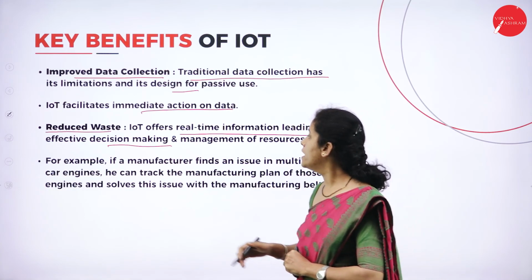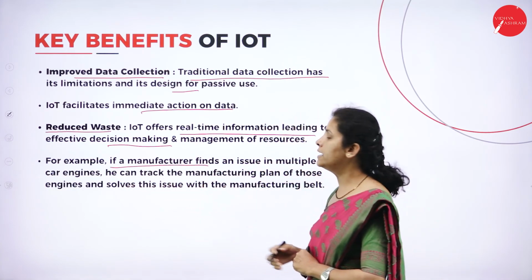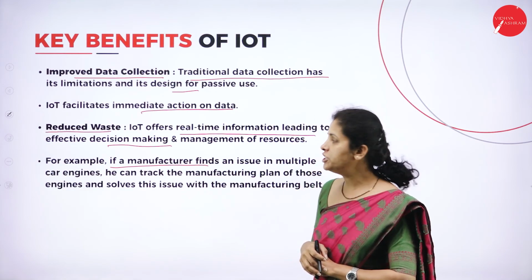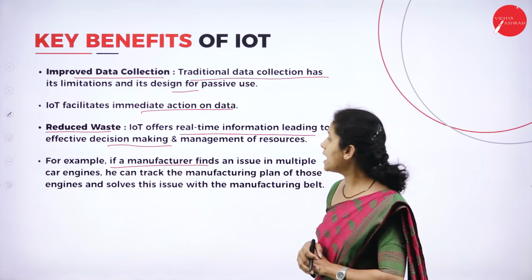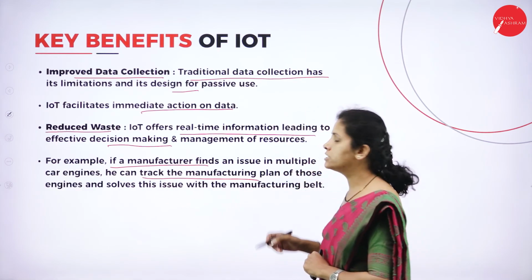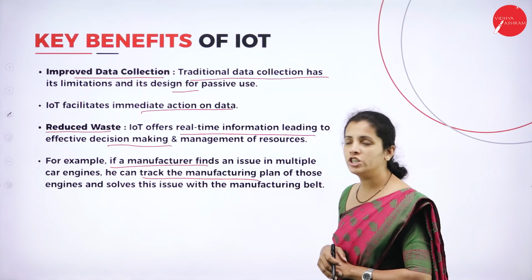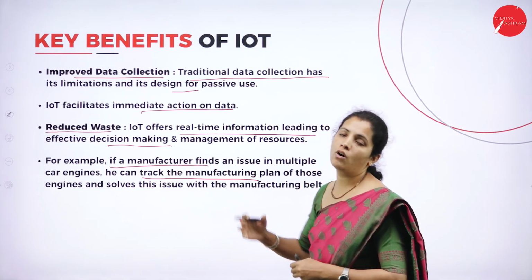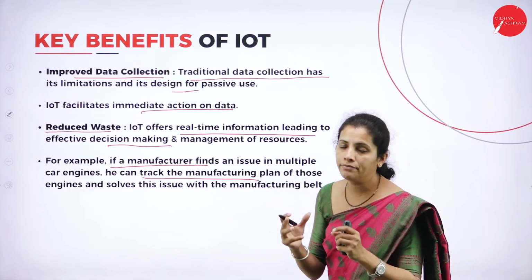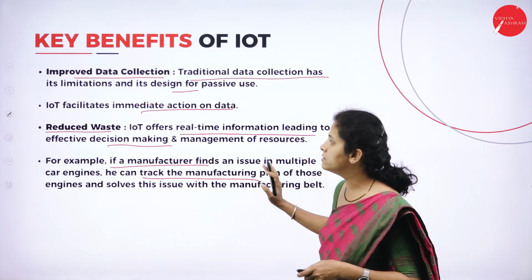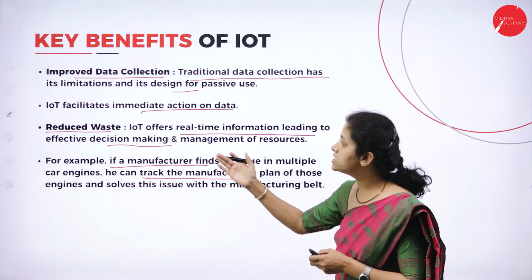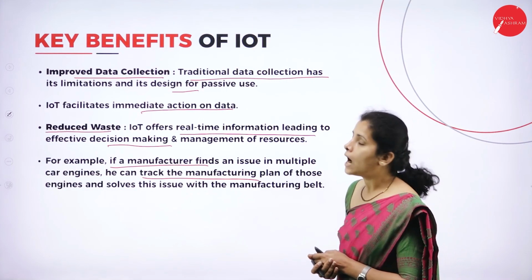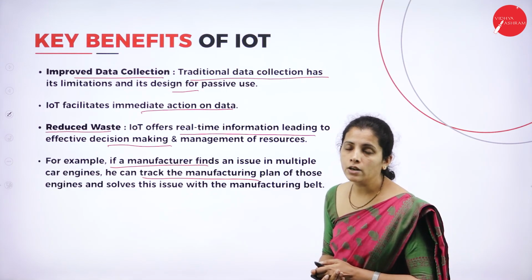For example, if a manufacturer finds an issue in multiple car engines, he or she can track the manufacturing plant of the engine, identify the defect and find the solution. So it reduces wastage. These are some of the key benefits of IoT, that is the Internet of Things.